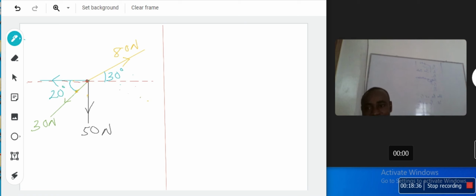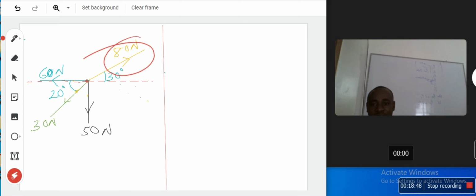All right, the blue one, I will give it 60 Newton. So I have 4 forces here: yellow 80, black 50, green 30, and blue 60, all acting from this point I dotted here.